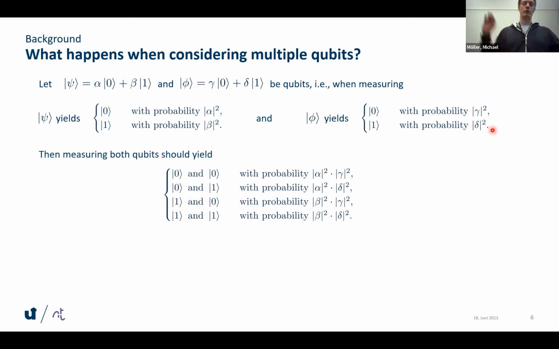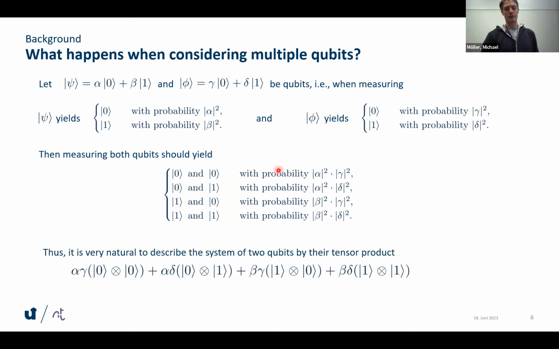And I'm getting 0 and 1 with probability alpha squared and delta squared. And I'm getting 1 and 0 and 1 and 1 with the product of the 2 probabilities, which always happens if you have 2 statistically independent events, right? This is throw the dice twice, you multiply the probability of the possible outcomes. Okay, this means there arises the product of all my coefficients squared.